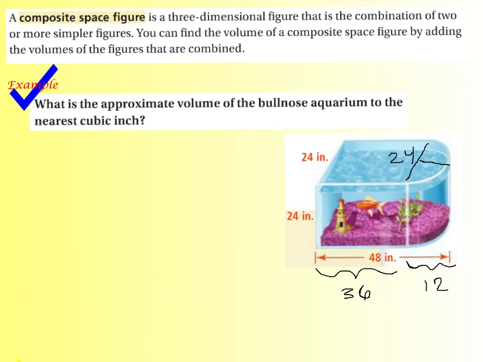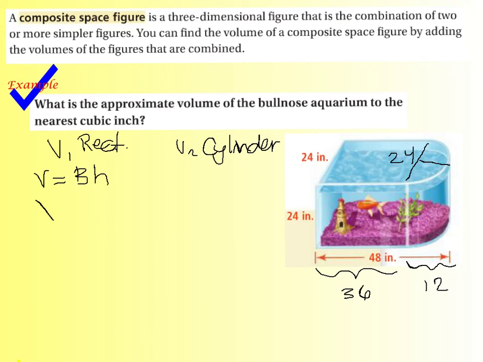So let's break this up into two different volumes. Let's talk about volume 1, and that's going to represent our rectangular prism. And then volume 2, we'll let that represent our cylinder. So for our rectangular prism, we know volume is equal to area of the base times the height of the prism.